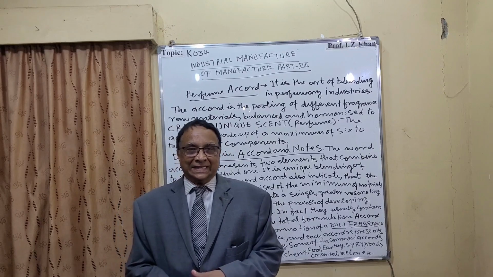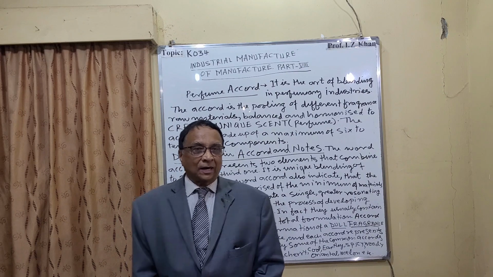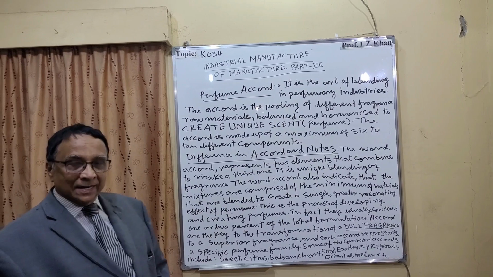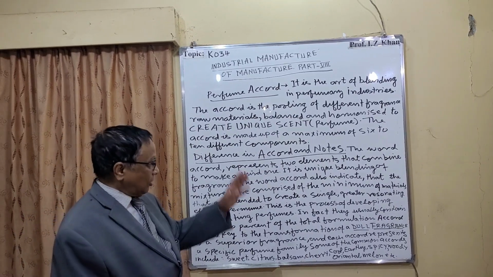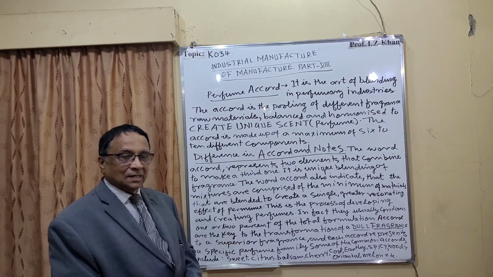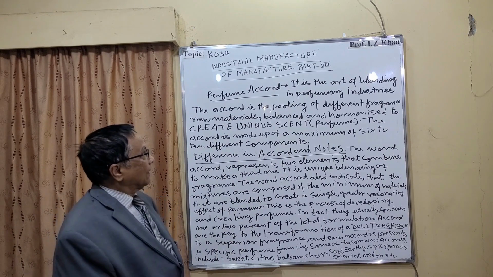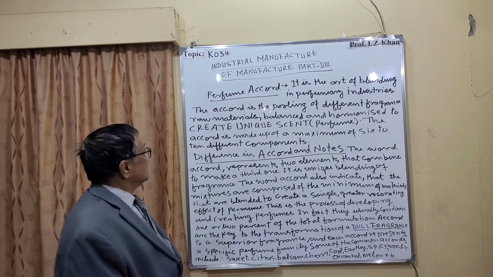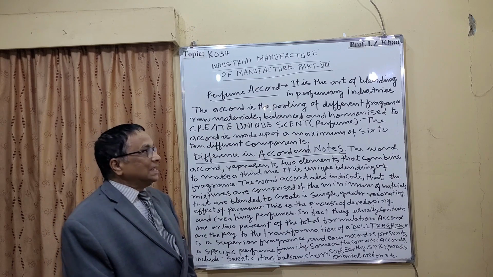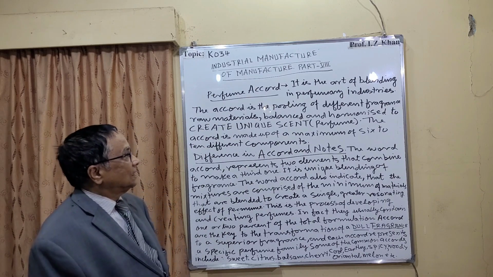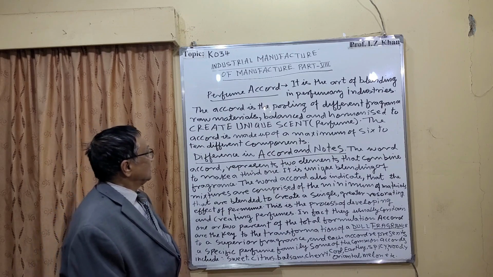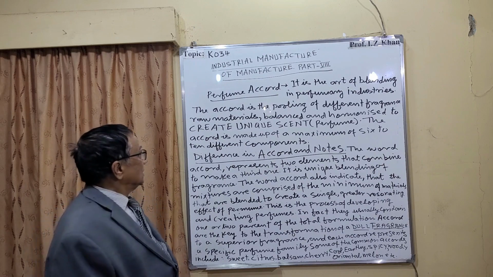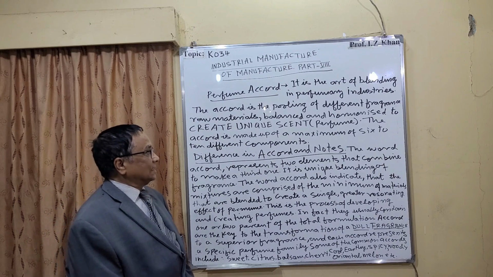So here we are discussing the perfume accord. Perfume accord is the art of blending. I have already told you all these things, but I am just giving them to you in writing. The art of blending in perfumery industries. The accord is the pooling of different fragrance raw materials, balanced and harmonized to create a unique scent, that perfume.